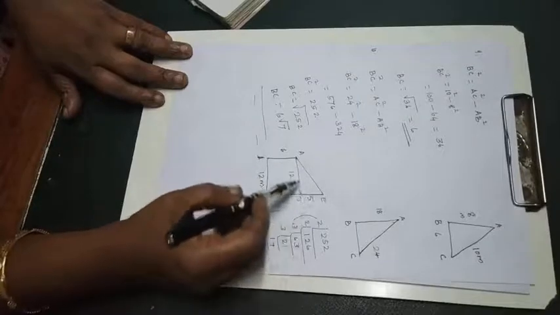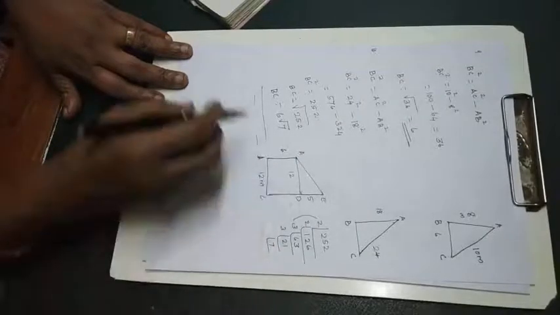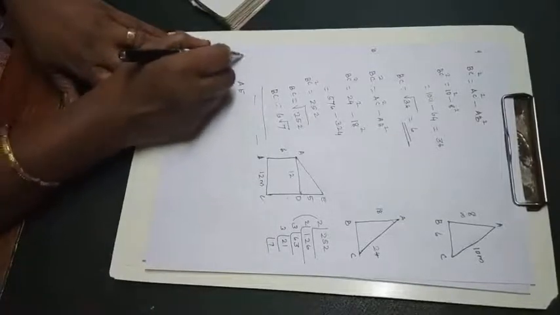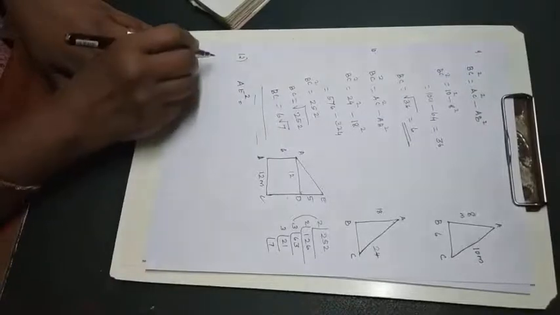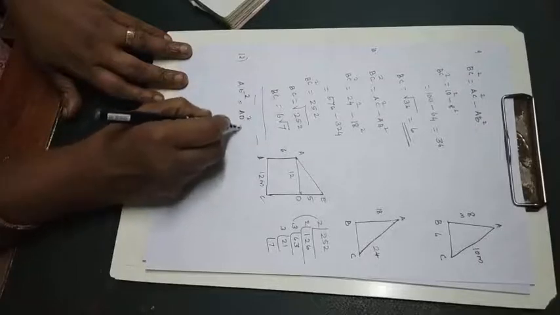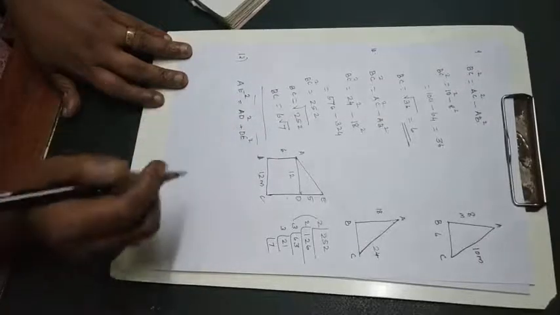For this right angle triangle, AE is the hypotenuse. So AE square is equal to AD square plus DE square.